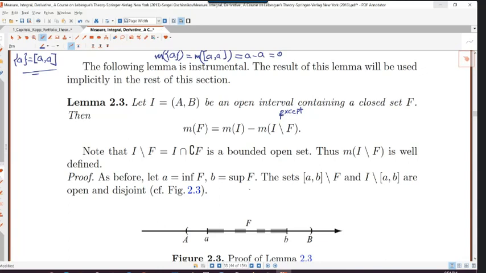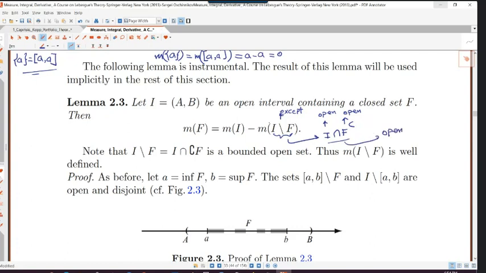Note that I except F is I intersect with F complement. F is closed, so F complement is open. I is open too, and the intersection of two open sets is an open set.